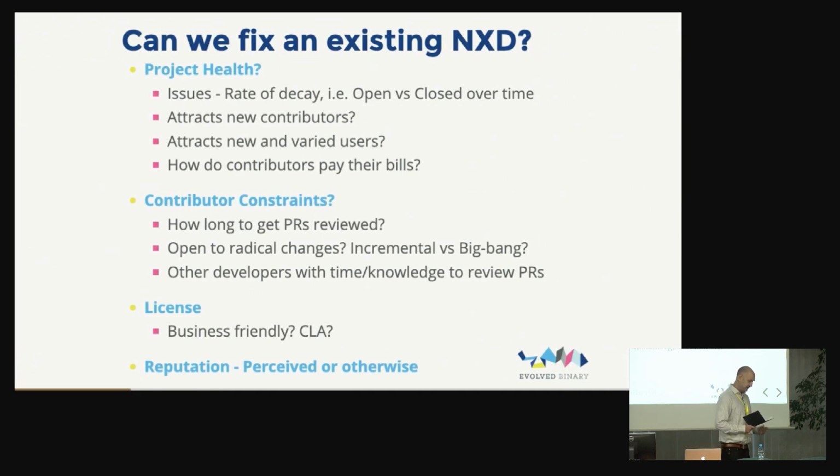So the first thing I decided to think about was, can I fix an existing native XML database? Wouldn't that be easier than building something from scratch? So I looked around at the existing open source projects, and I measured them on a number of criteria. Of particular importance to me personally was how quickly I could move. So if I sent in pull requests, they needed to be reviewed quickly.